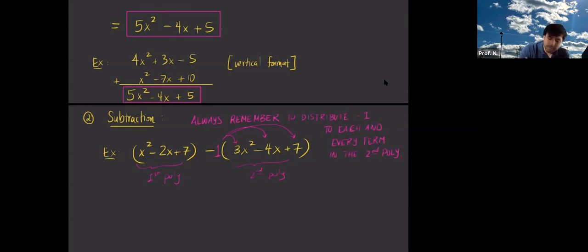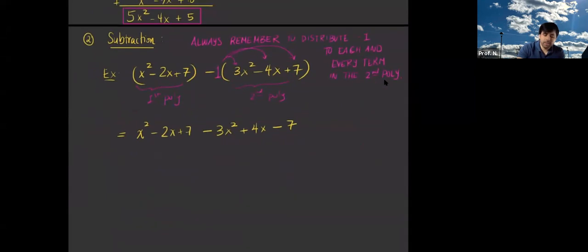So what you're going to get is the following. You get x squared minus 2x plus 7 minus 3x squared plus 4x minus 7. Do you see that? And now this becomes like addition. You combine like terms. I'm going to combine the x squared minus the 3x squared.